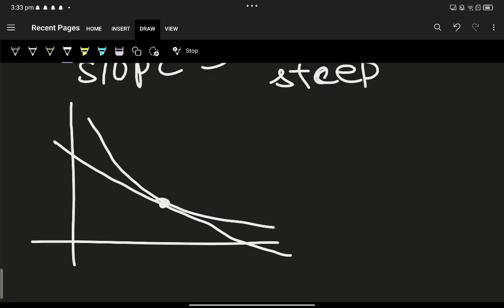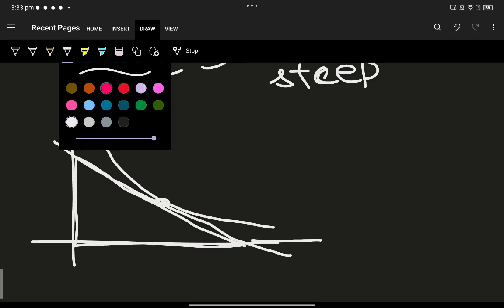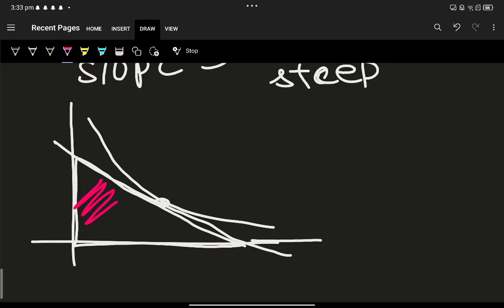As you can see, when you plot it, the area formed by the tangent line is a triangle. And our task is to find the area of this triangle.